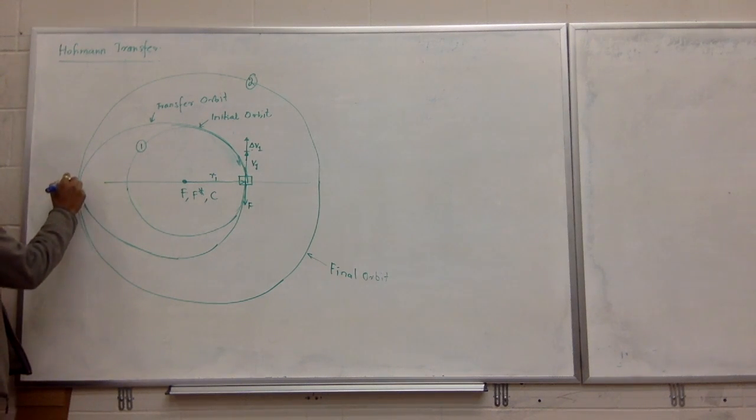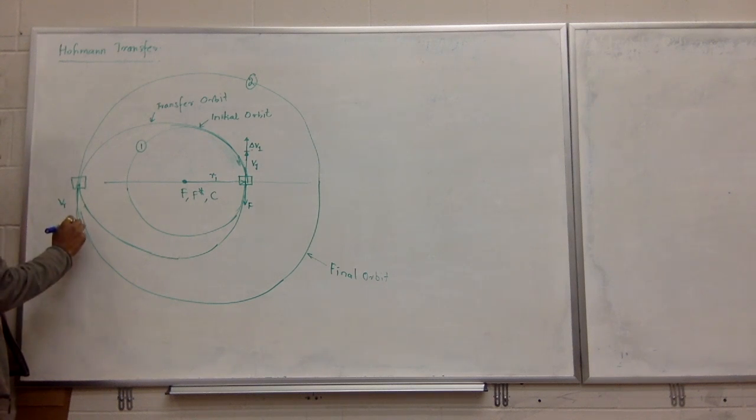And when the satellite is here, the velocity of the transfer orbit is, let's say, v transfer. Okay.